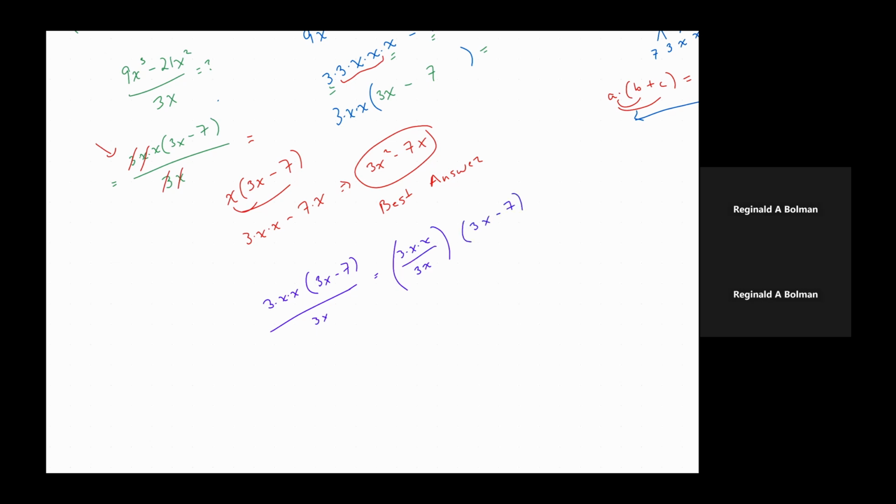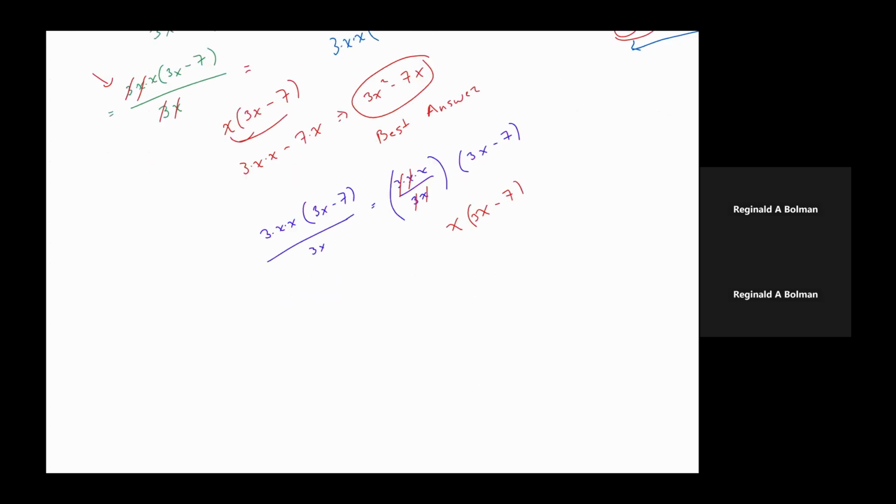While we can simplify the quantity on the left-hand side and be left with x times 3x minus 7, it's not the case that we can just divide out the 3x and the 3x terms.